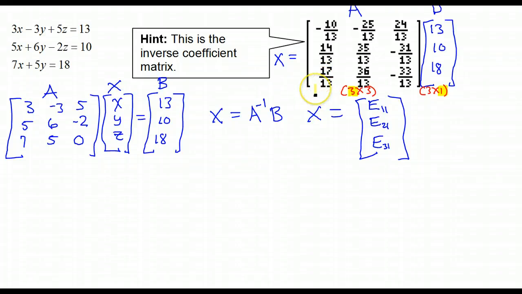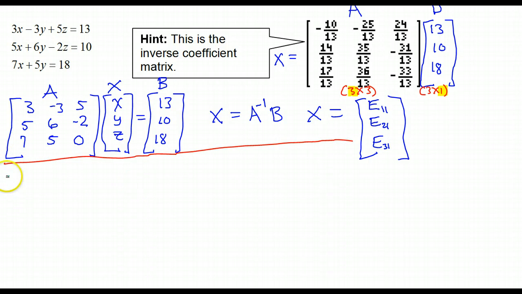Let me leave myself as much room as I possibly can. So if I want to find, and I'm just going to draw a line right here, element 1,1, that's going to be row 1 times column 1. I'm talking about row 1, and then times the column here.